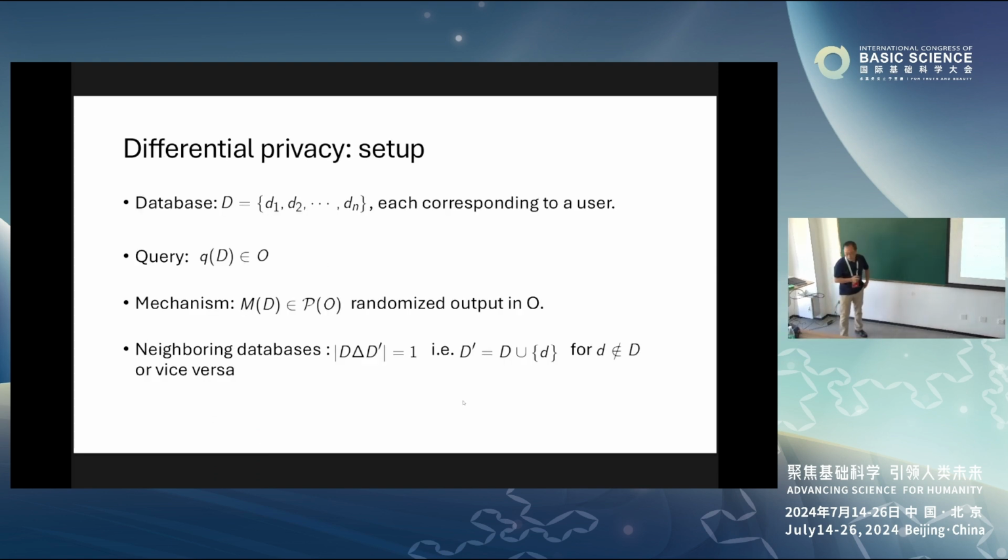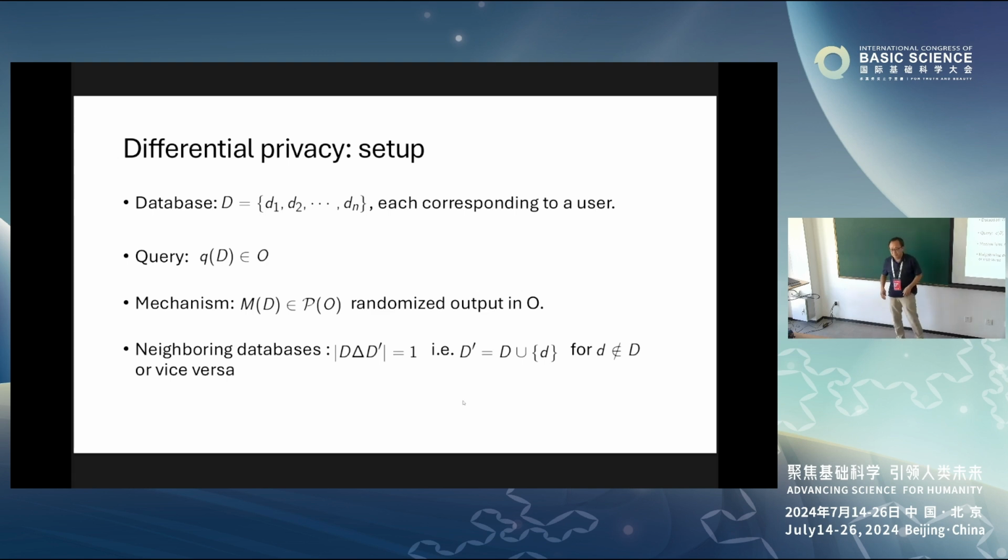So before I get into the definition, I need to do a setup. So here is what we have: a database. A database is nothing but a set of things, right? A set of records, and here each record corresponds to a single user. And then there is something we like to compute over this database, which we call a query.